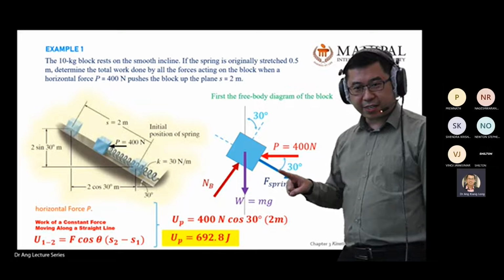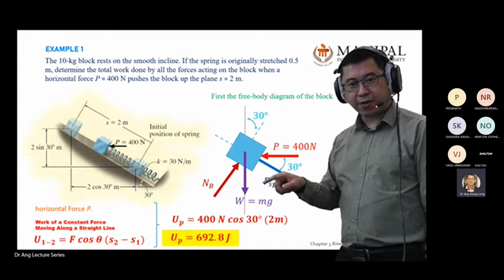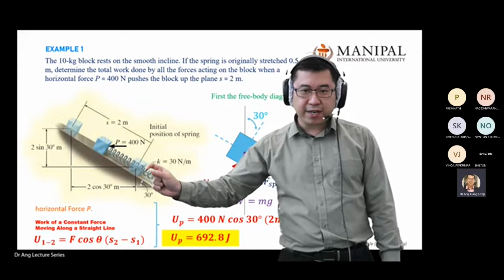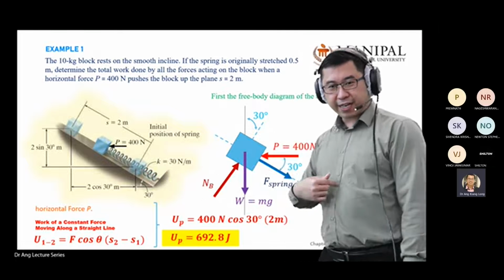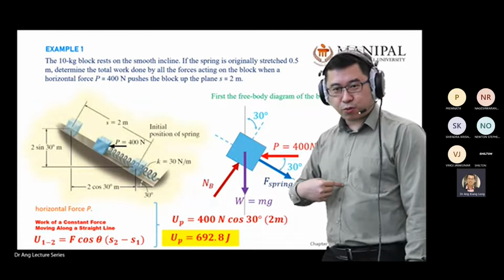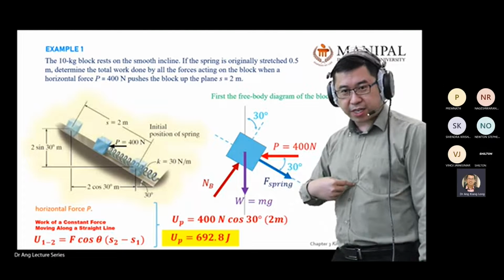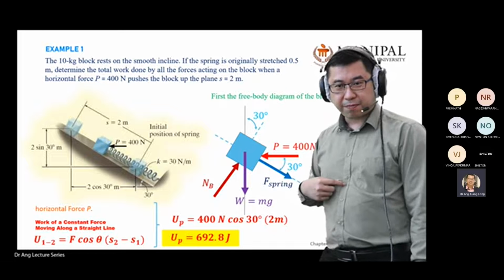Because in this case, if you pull this one from this location before the start, the spring is pointing into your body. If you are this body, the spring is pointing in. So your spring force actually is pointing in.